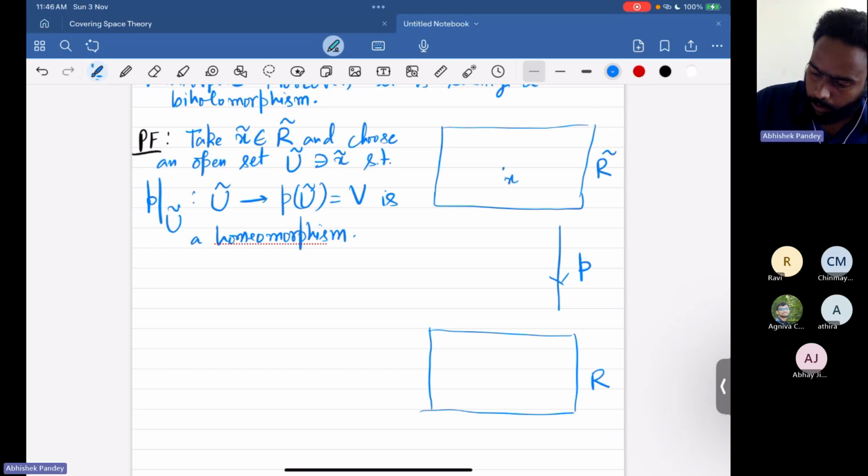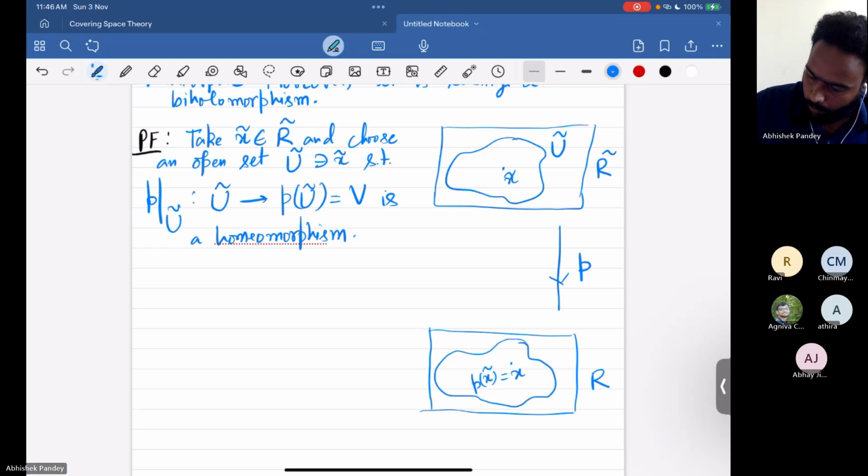So this is your x tilde, and this will map to somewhere x, and P restricted to U tilde is a homeomorphism.